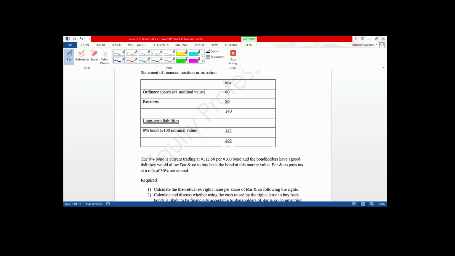You are going to buy one bond for 112.5. Now, if you have 90 million naira, how many bonds can you repurchase?